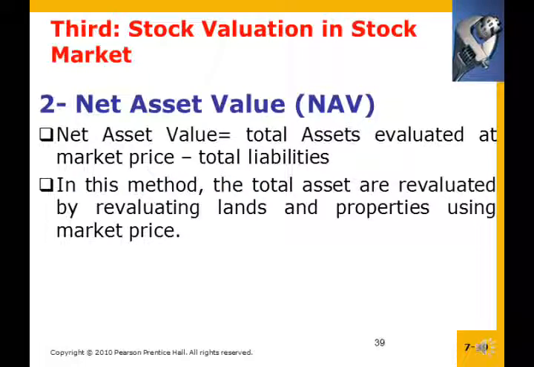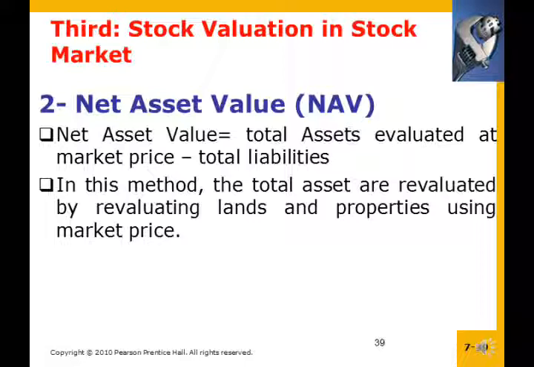The second method in real life is net asset value. Net asset value is equal to total assets evaluated at market price minus total liabilities. In this method, the total assets are reevaluated by reevaluating lands using market price. Just to remind you, in financial statements, we evaluate land by using historical price, not market price.